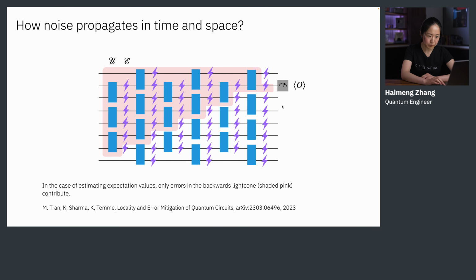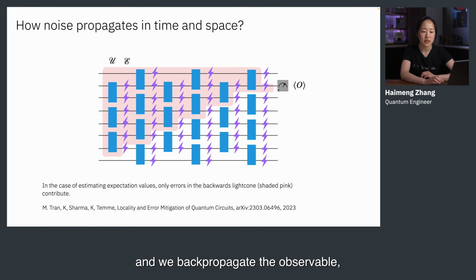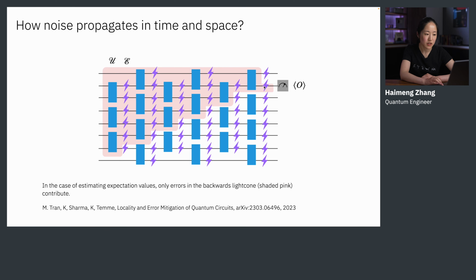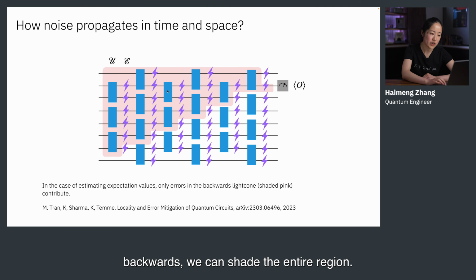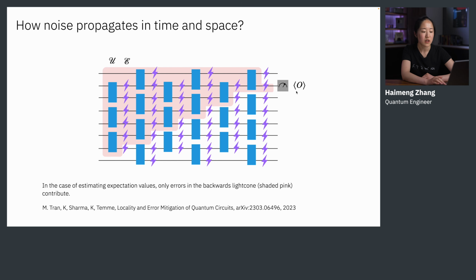That is, we start from the back of the circuit, from the measurement, and we back propagate the observable and shade the region where the wires are physically connected to this qubit that is measured. If we keep doing this backwards, we can shade the entire region. And within this region, those errors are going to contribute to the expectation values.